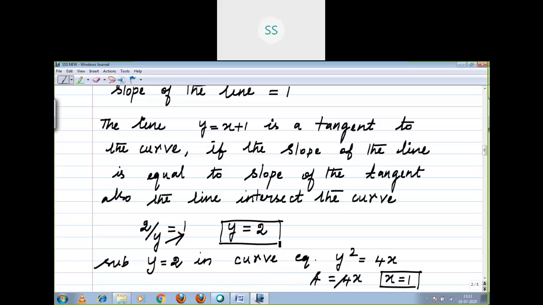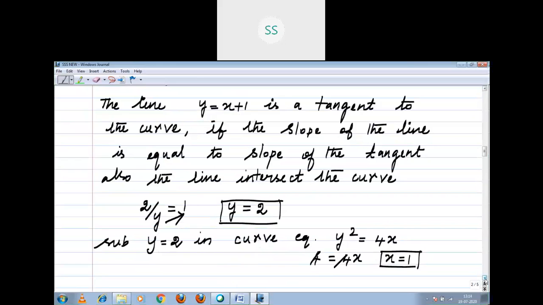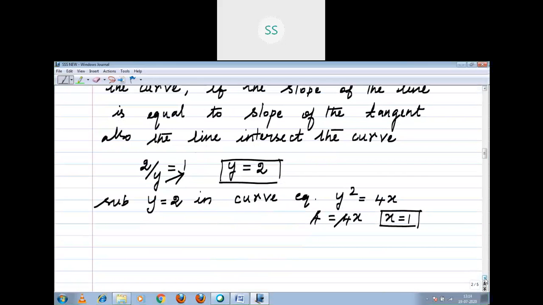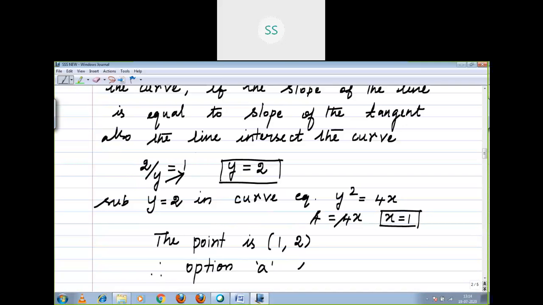So what is the coordinate? 1, comma 2. Which option is correct? Option A is correct, right? The point is 1, comma 2 we found. Therefore, option A is correct.